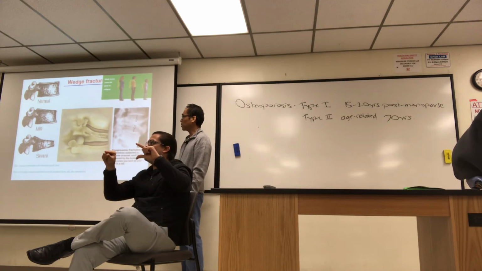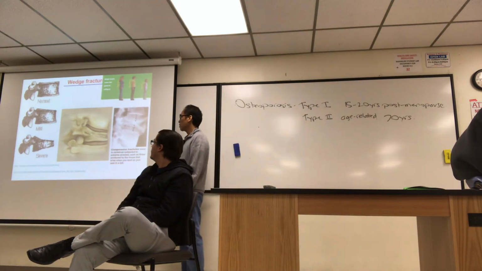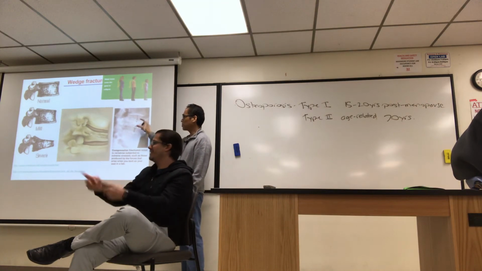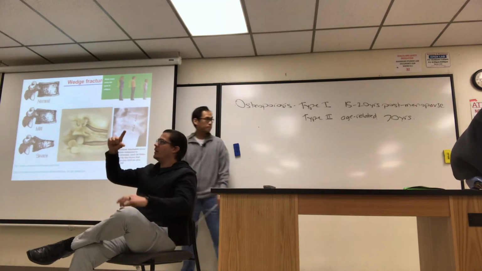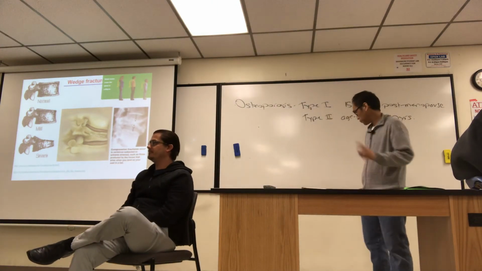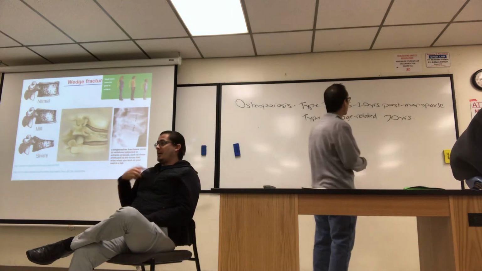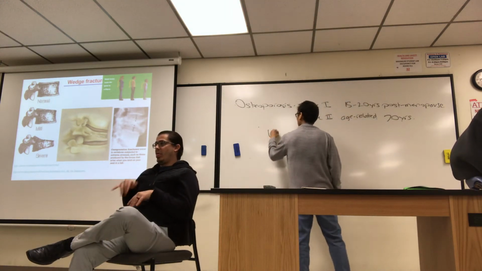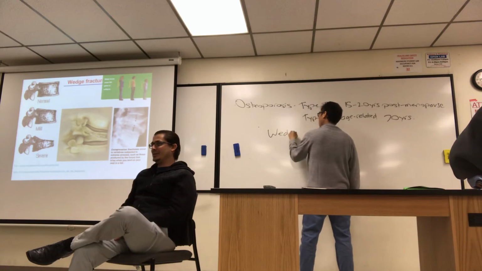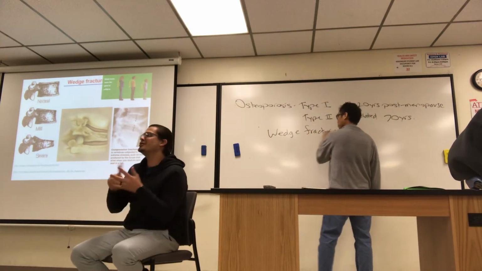The arrows are pointing to where the trabecular bone just collapsed, and the ceiling and floor of this bone is kind of wedged in. So know your wedge fracture, and your hip fracture.